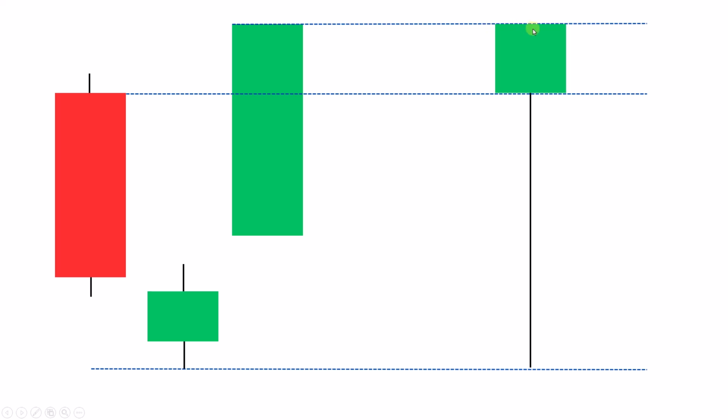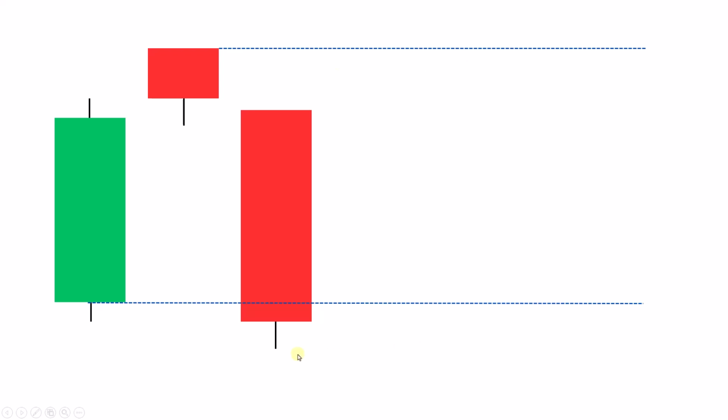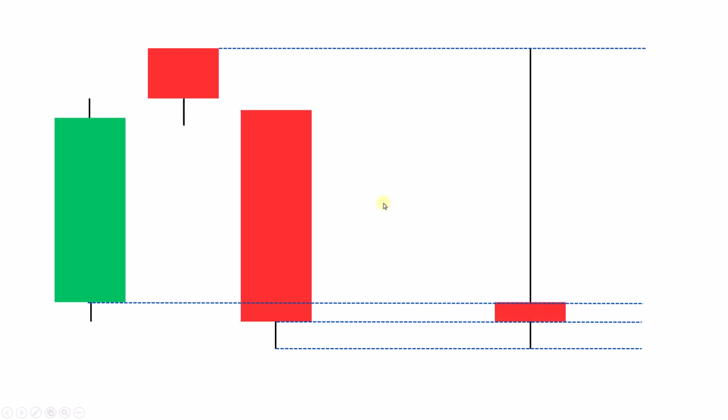And so we get a hammer. Hammer says that uptrend is going to start. Okay? Next, we have evening star. Let us combine this. Opening price, high price, low, and closing price. When we combine, we get a shooting star. And it says that downtrend is going to start.